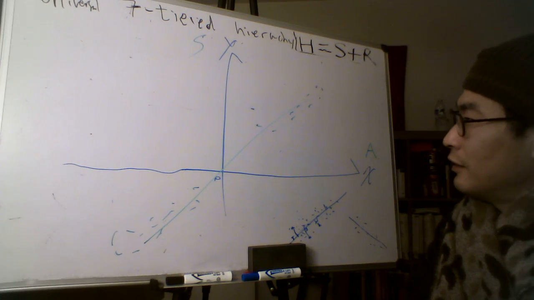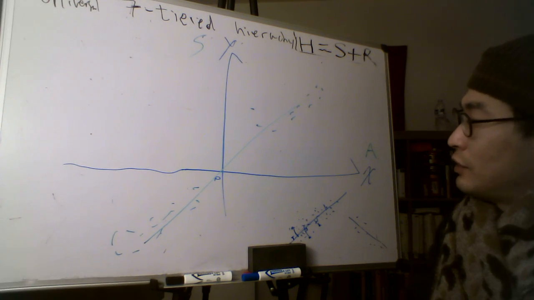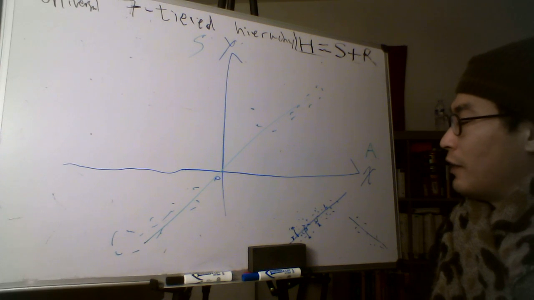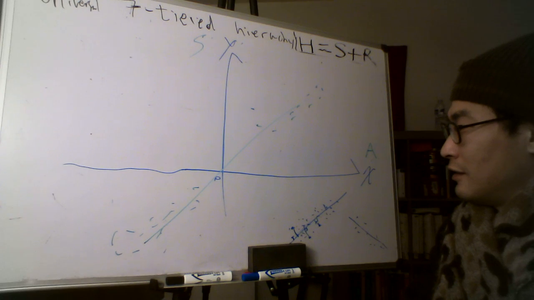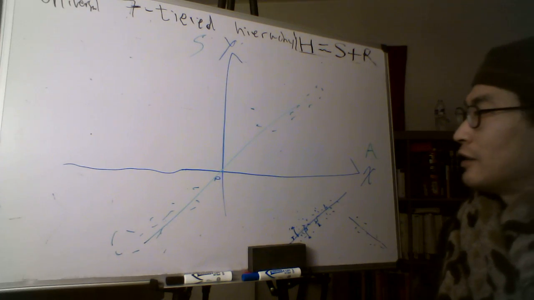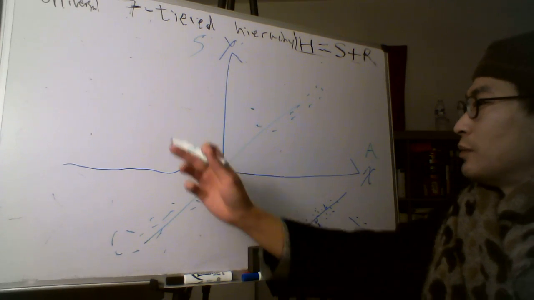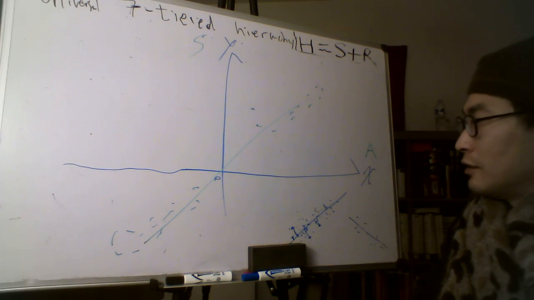And this line is defined by Asianness and scientificness, because we need to define some other line that has some negative correlation or some slighter, slower correlation.